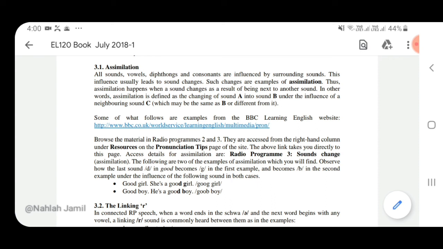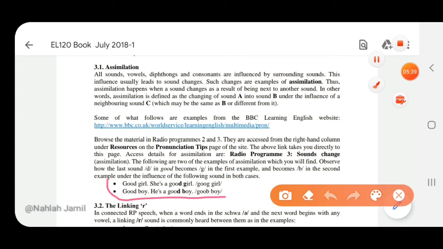So basically each word is affected by the other word that is beside it. That is assimilation. We are going to see the example given here: good girl. If we just say good, in British English we say good as it is.